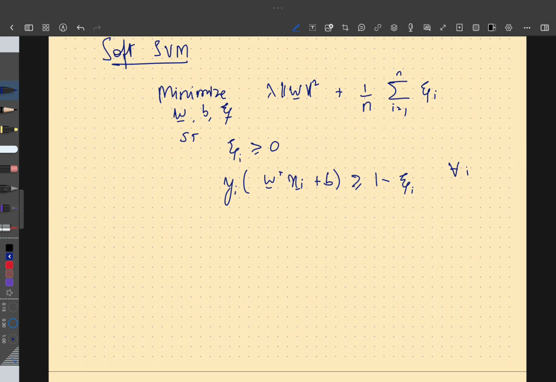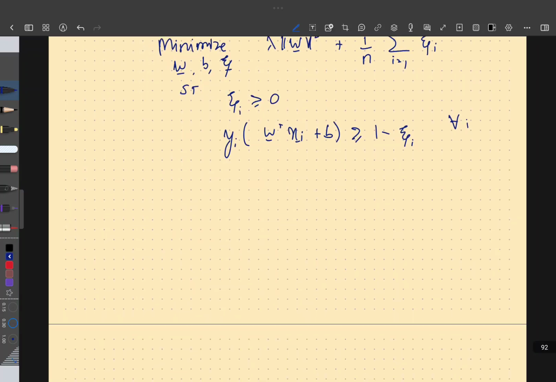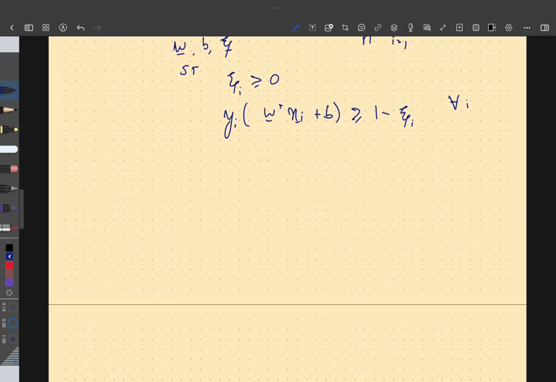Now, similarly, just as we did for the hard SVM problem, we can compute the Lagrangian and solve for the KKT conditions. And here again, we would expect something similar to happen. Essentially, W can only depend on those data points.